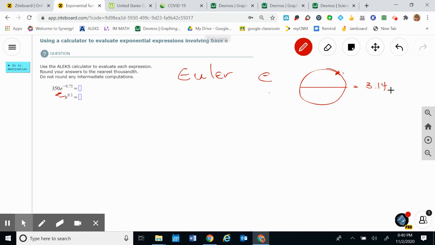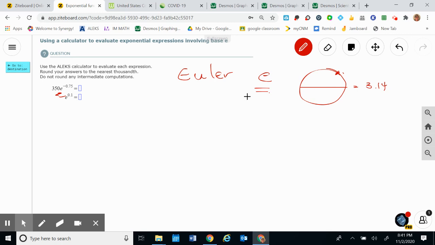All ancient civilizations had discovered something close to pi. Euler discovered this natural exponential number, and I can't explain it to you.